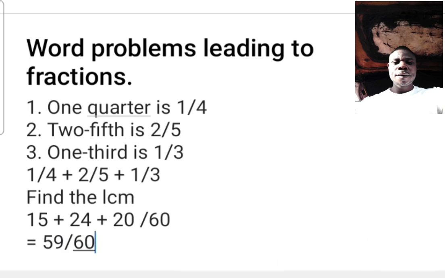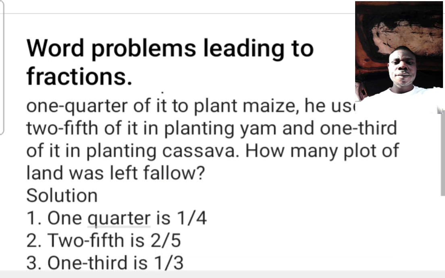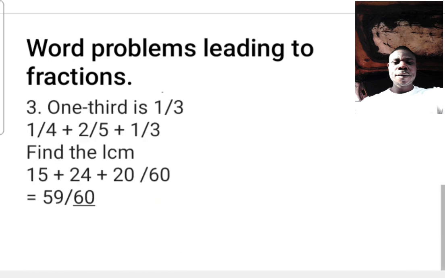So now that you have done that, you now will subtract this 59 over 60 from where? From 1. Because I said it earlier that this is an event that took place that you were not there. So one of the beautiful things of mathematics is to use the knowledge of mathematics to discern the future and also estimate what had occurred.